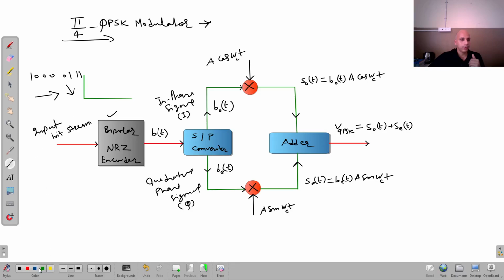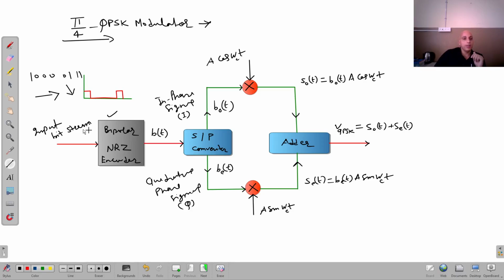Let this be the input bit stream, that is 1, and then 1 0, then 0, then again 0, so on, 0 0, then again 1, right? So this is the format of returning to zero, RZ format.